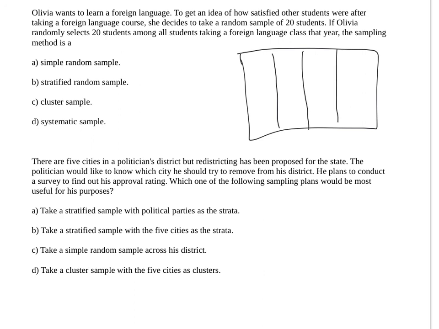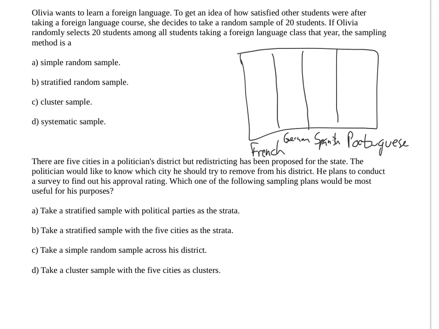So you can say here's French, here's German, what else could there be? Spanish, of course, and Portuguese, let's say. Right, you've got these four groups, people who are taking this.